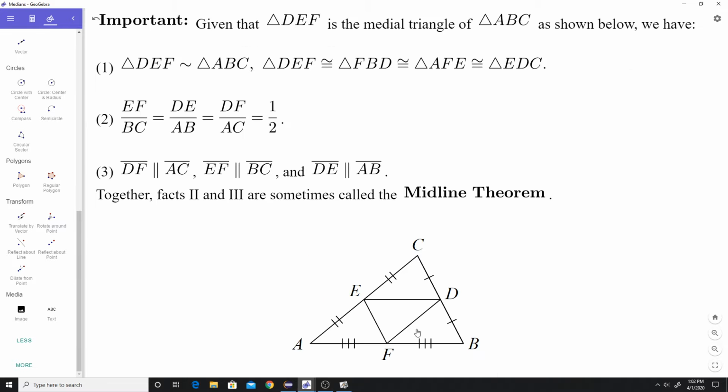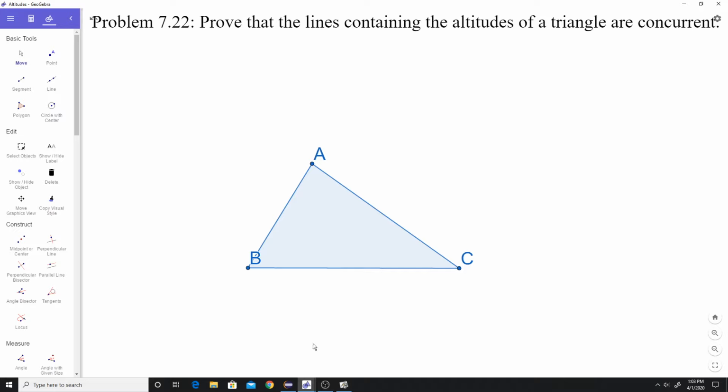So I need to basically prove that the altitudes of a triangle can form together to make the perpendicular bisectors of another triangle. And by doing that, I need to prove that this triangle ABC is the medial triangle of some other triangle out there.